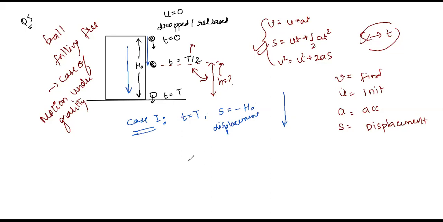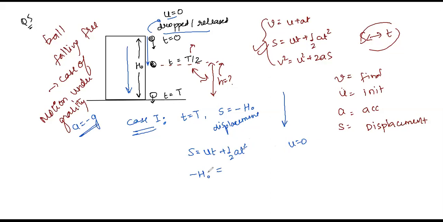So let's substitute this condition. Let's write the equation. S is equal to ut plus half at square. We were told that the ball is released. Whenever the ball is released, u is 0. So take u as 0, right? Instead of s, substitute minus h naught. For motion under gravity, always a is equal to minus g.